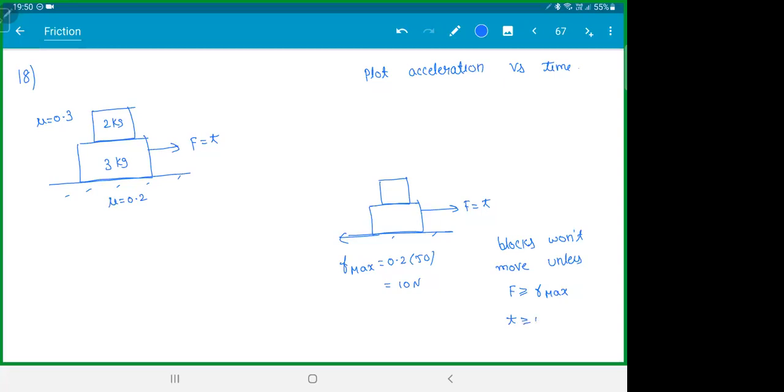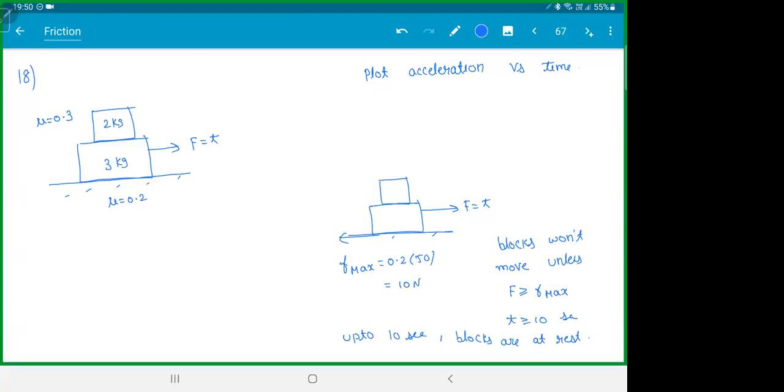That is, t should be greater than or equal to 10 seconds. So up to 10 seconds, blocks are at rest. That is the first part in this problem.